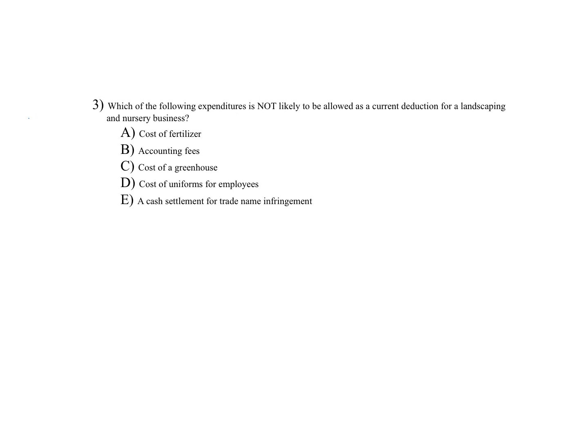All right, so number 3, which of the following expenditures is not likely to be allowed as a current deduction for a landscaping nursery business? All right, so the key here is current deduction. Okay, and so when we think about deductions, the alternative is deduction versus capitalization.